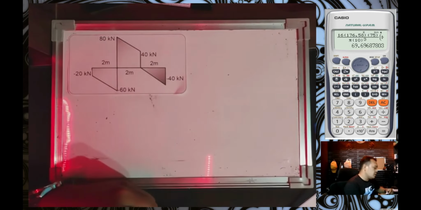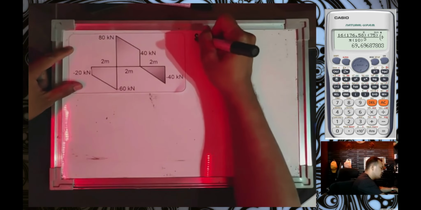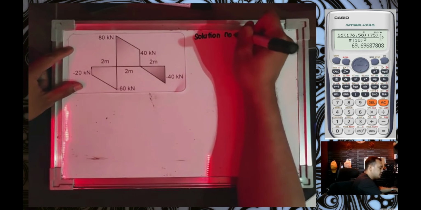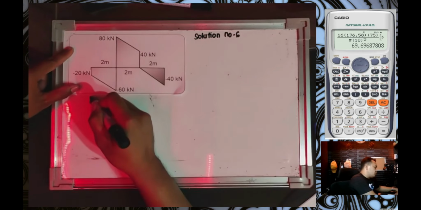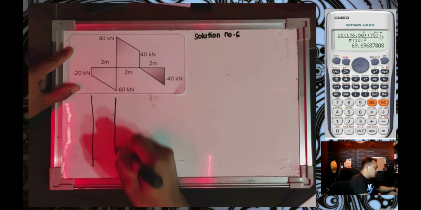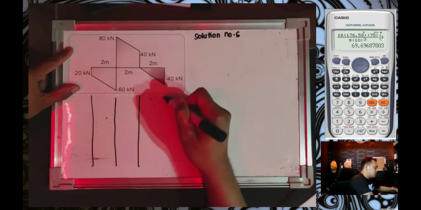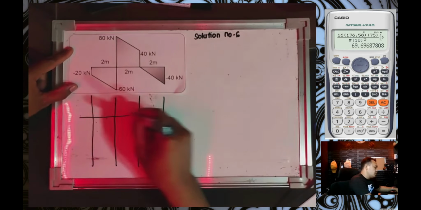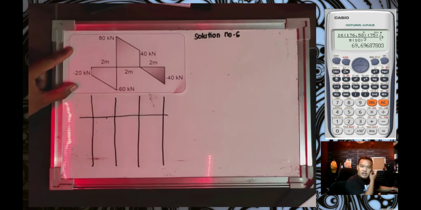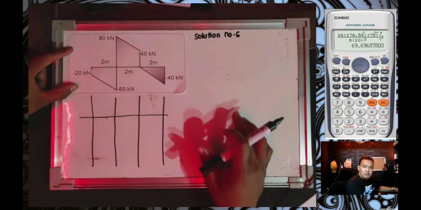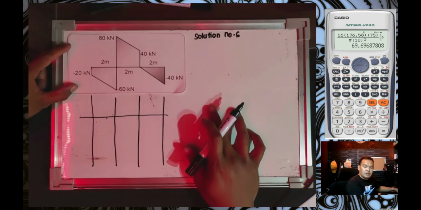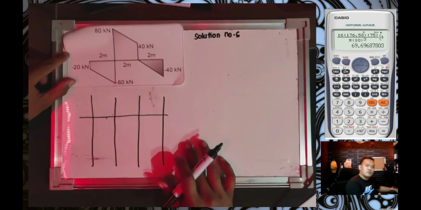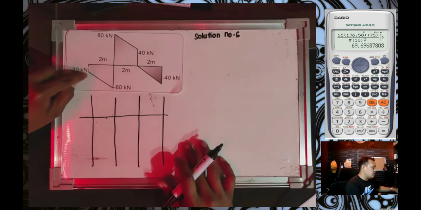So kapag tayo ay mag-solve, solution number 6. To get the moment diagram, kukunin mo lang yung area ng bawat portion para makakuha ka ng magnitude na ilalagay sa moment. Okay, let's start with this value.